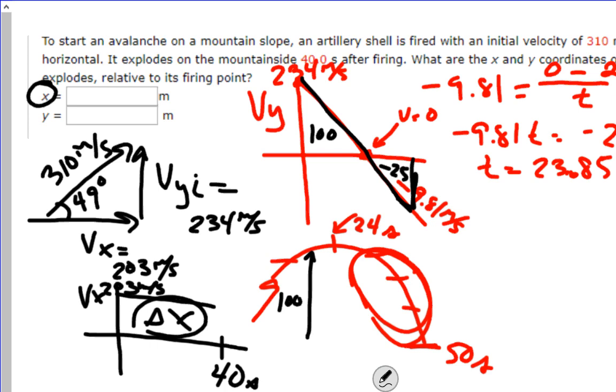Right? So it drops another 25. So the question then would be, well, where am I? If this is 25, that means I am at position 75. See what I did there? I took the top triangle and I subtracted the bottom triangle, and that gave me the Y position. That's what I suggest you do for this one.